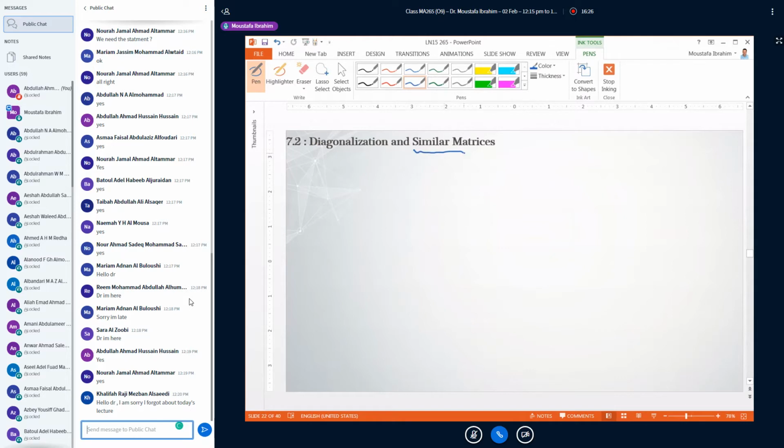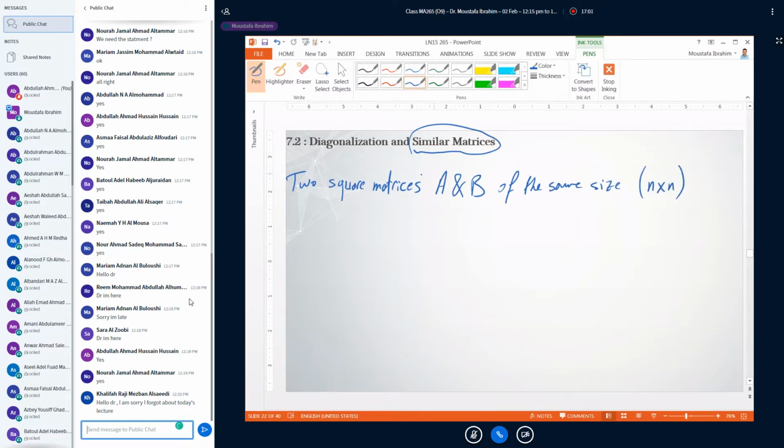Let's talk first about similar matrices. What does similar matrices mean? Two square matrices A and B, of the same size, n by n, are said to be similar.